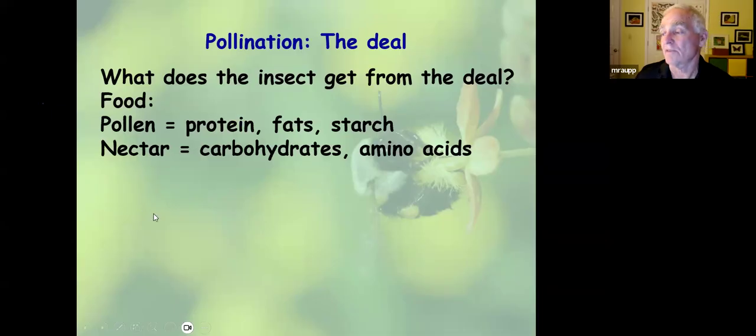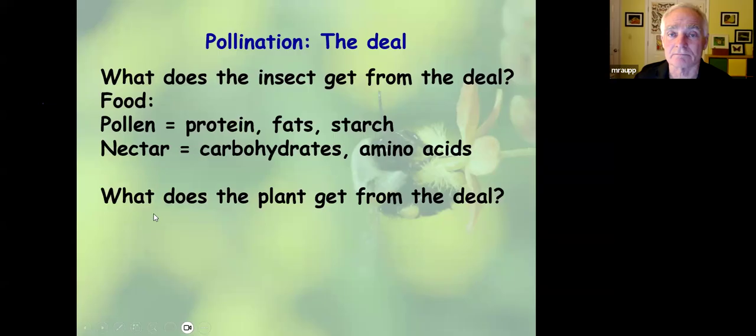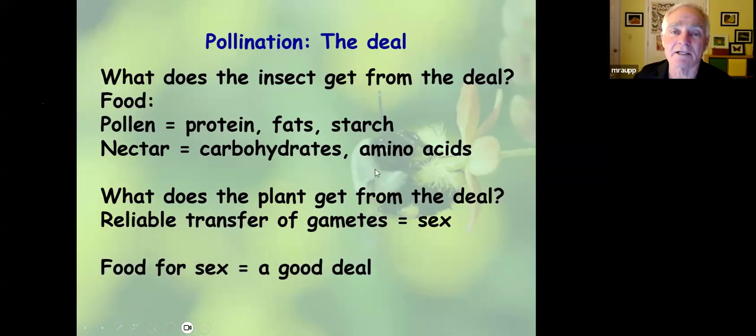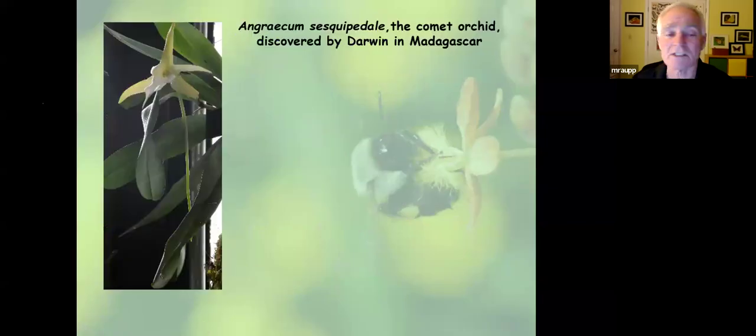What does the plant get from the deal? Well, it gets reliable transfer of gametes, pollination or sex, right? Food for sex, some would think, is a good deal. This is the comet orchid. It was discovered by Darwin in Madagascar.